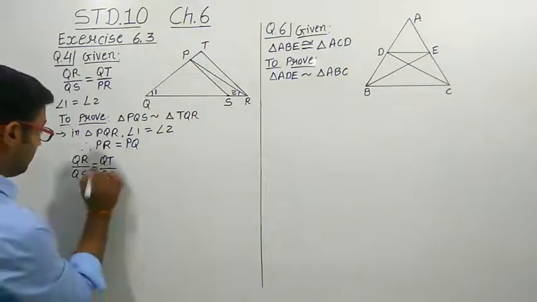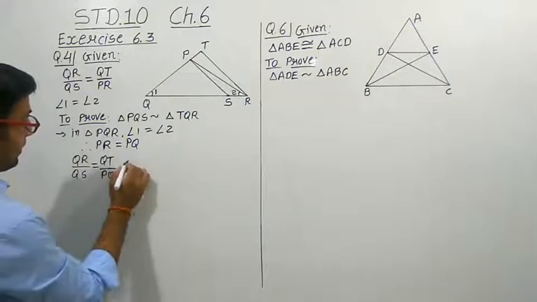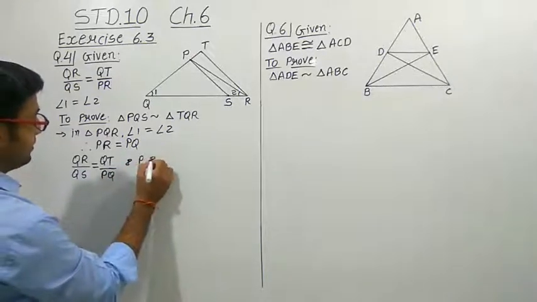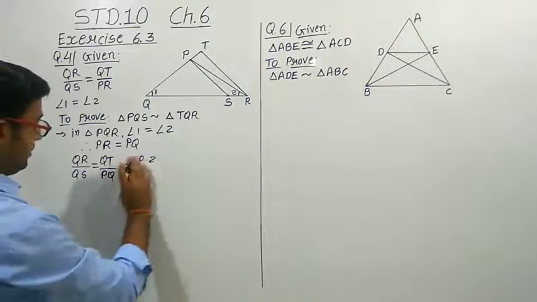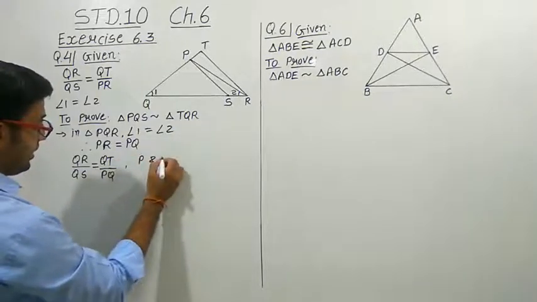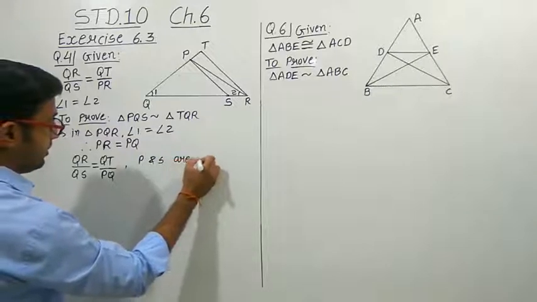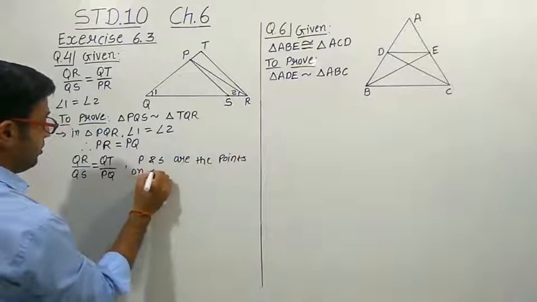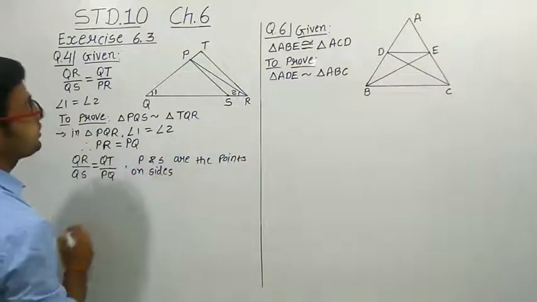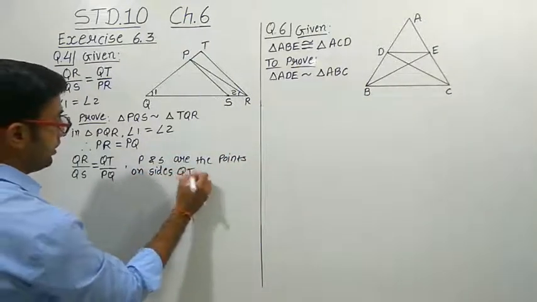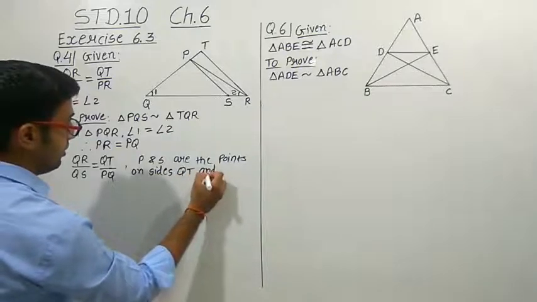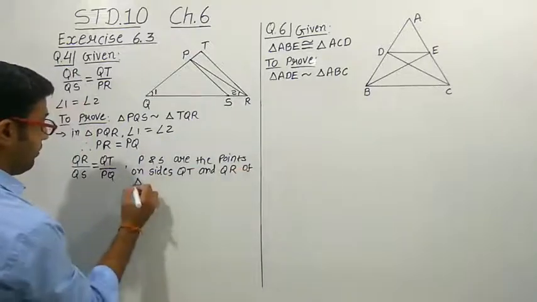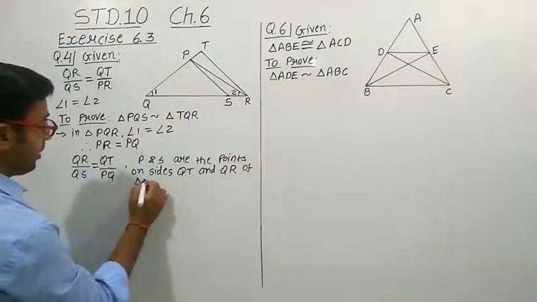So here this is the ratio, and we can write that P and S are points on sides QT and QR of triangle TQR.